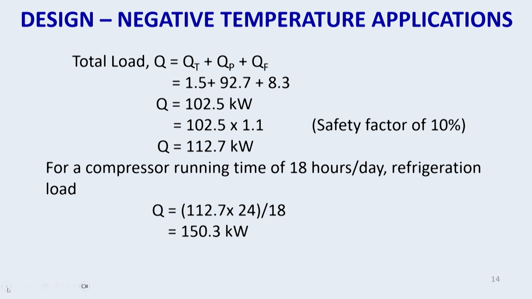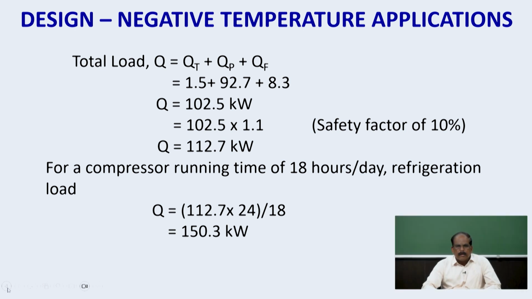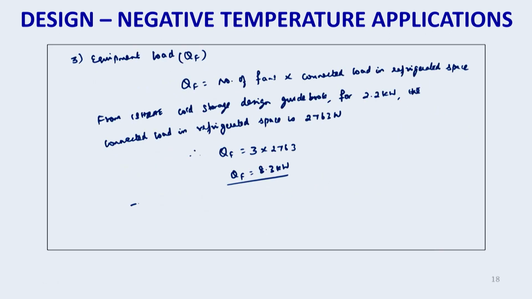Total load is the summation of transmission load, product load and fan load. The other loads are not there, according to the data given. So total load Q is equal to transmission load plus product load plus equipment load.